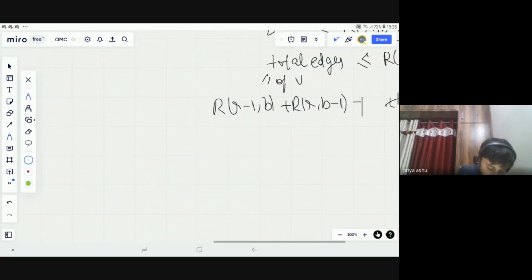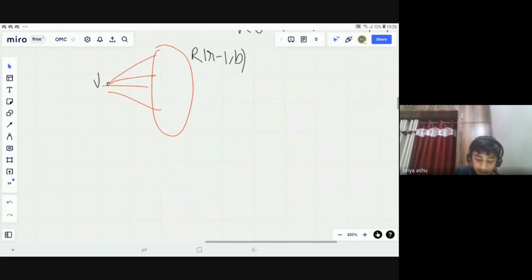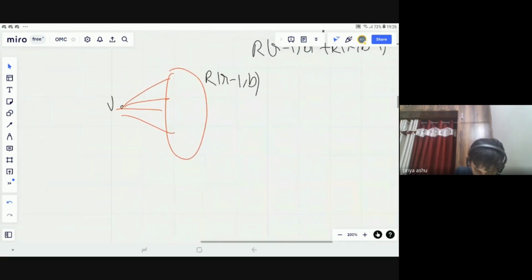So if you take the first case, that is we have V and we have R(R-1,B) red edges. That is the first case, if V has at least R(R-1,B) red edges.